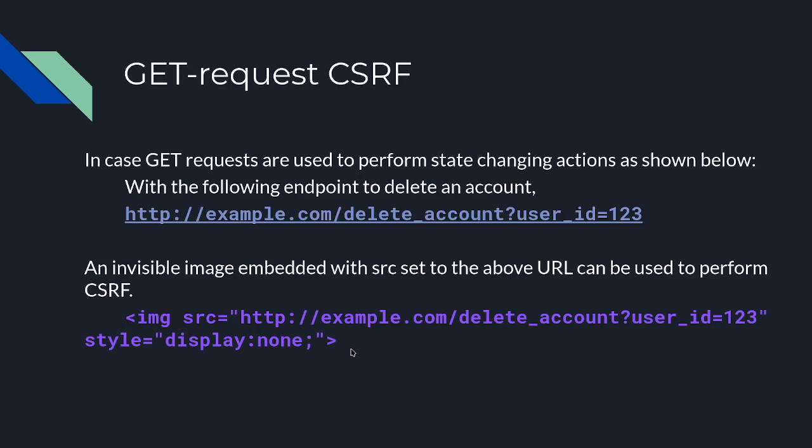That can be through XSS, like we saw earlier. If somebody is able to insert a script tag into a website, then they would also be able to insert an image into any website. And if they set the source equal to this particular URL, then a request would be sent from the victim's browser to this URL, and whatever action the attacker intends to perform will get performed.